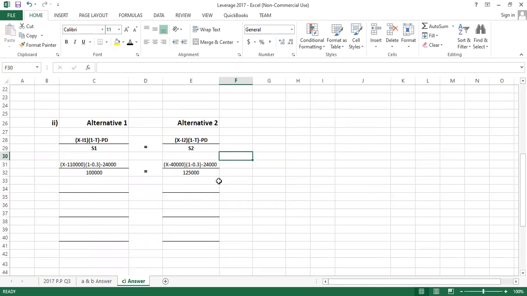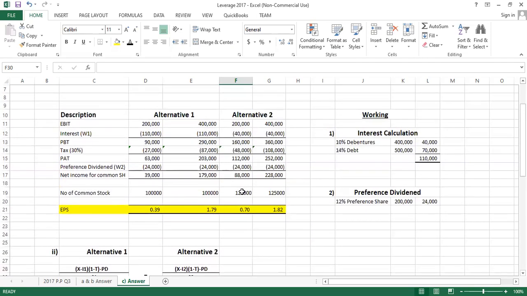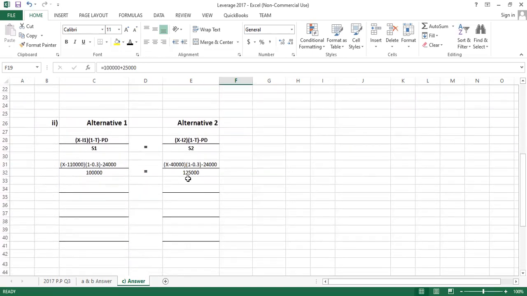Again open the bracket, 1 minus tax 0.3, close the bracket. Minus preferred dividend 24,000, divided by the number of equity shares outstanding for alternative 2, which is 125,000, already calculated.